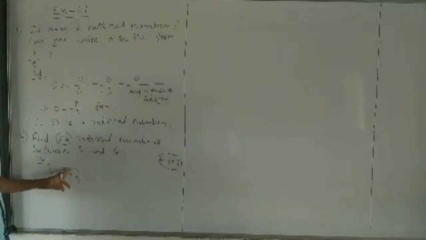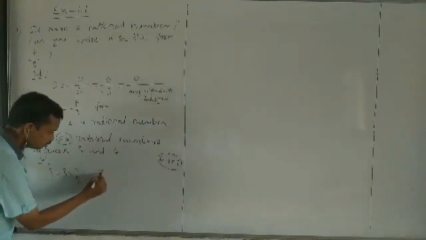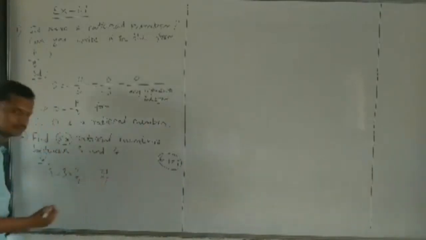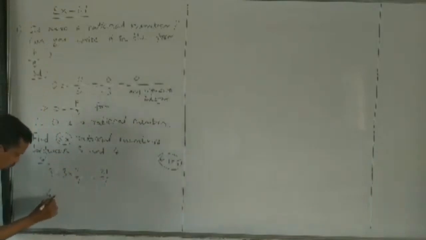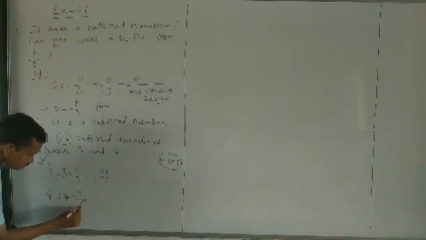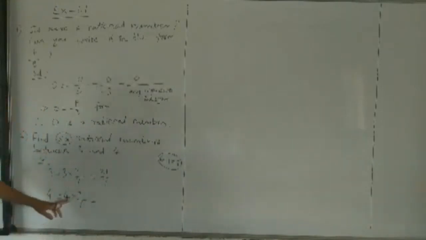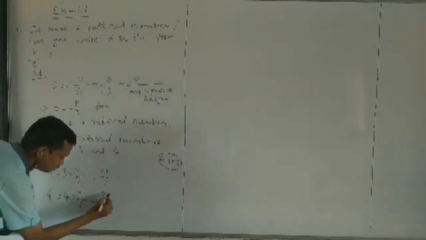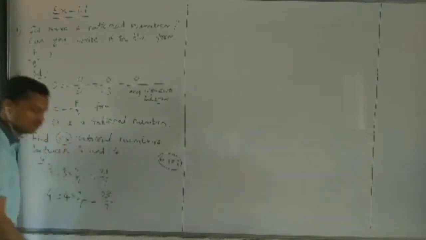That means numerator and denominator, you multiply and divide by the same number. Then you get 21 by 7. And the next number 4, 4 into 7 by 7. We are multiplying by 7 and dividing by 7. Now you get 28 by 7.